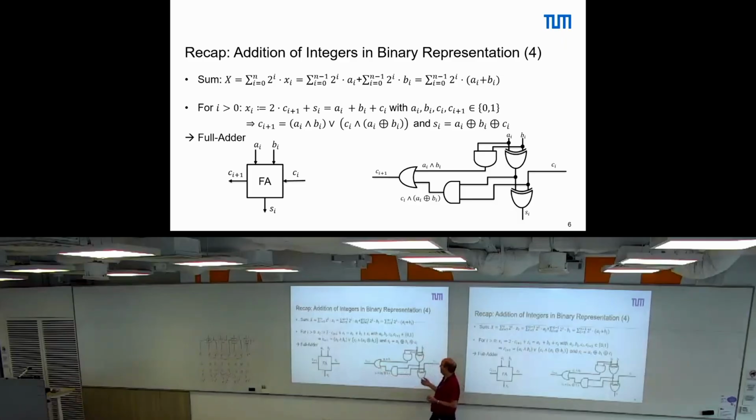The second thing is, each of these gates here switches depending on the value of B. Although B is only forwarded, the XOR here has some switching activity if B changes. The OR gate has some switching activity if this carry changes. What does it mean for a circuit if a gate switches?